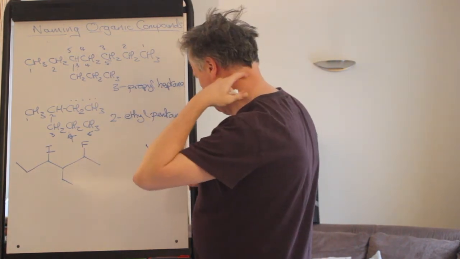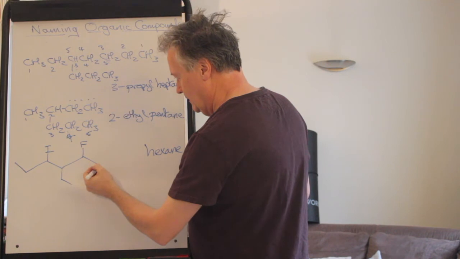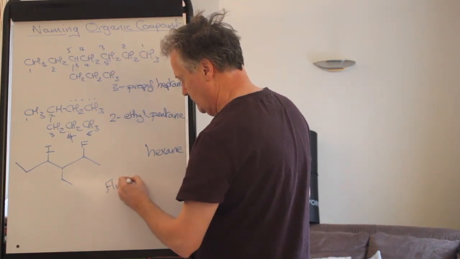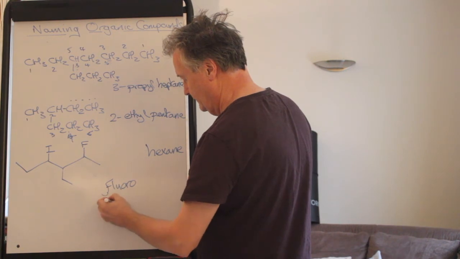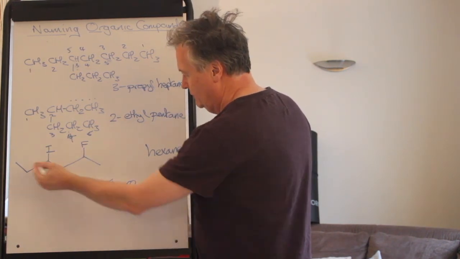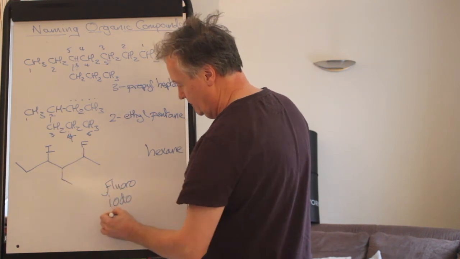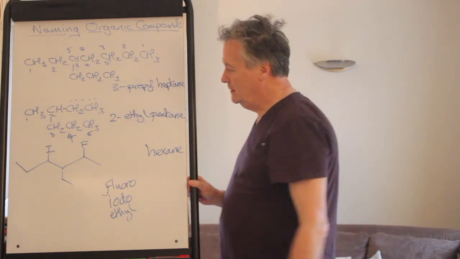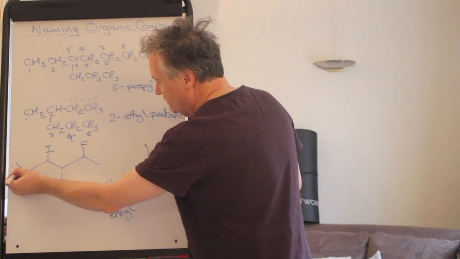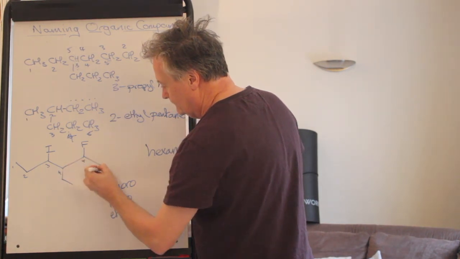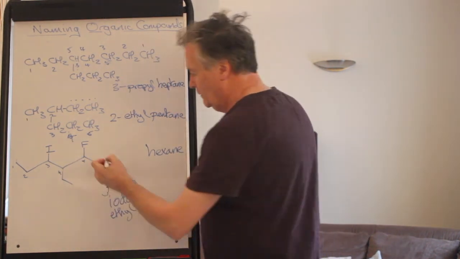And then we've got to consider fluoro, iodo, and then you've got these 2 here, which is ethyl. And you've got to look at the numbering system. So do you number it from this end? Or do you number it from this end?